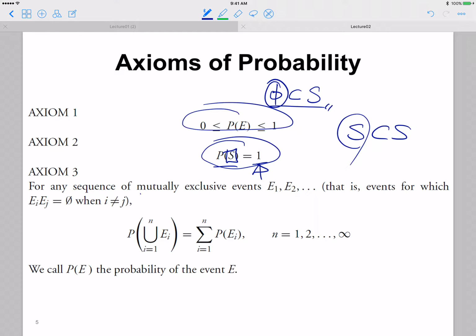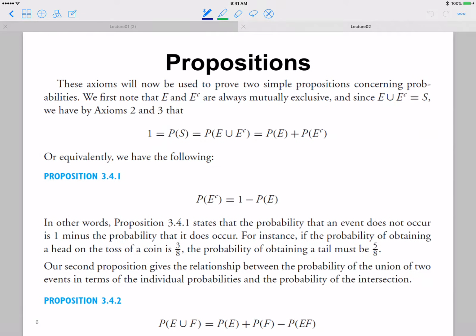And then if our events are mutually exclusive, which means their intersection is nothing, so the intersection is the empty set, in that case the probability of the union of those events will be simply the summation of the probability of each event. Quite easy, right?